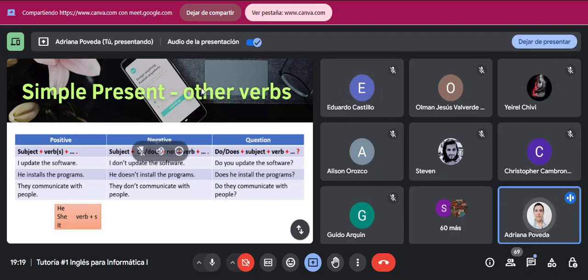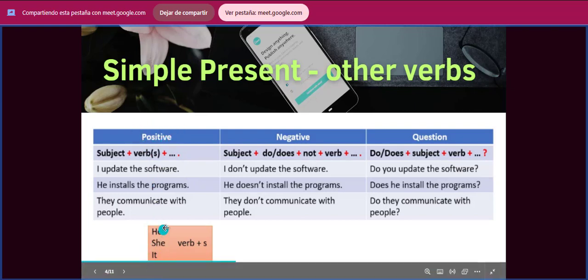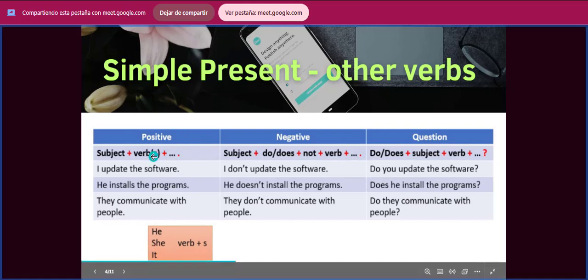Okay, that's a very good question, Eduardo. We add the s, as you can see in the formula here. We add the s in the affirmative sentences with the pronouns or the equivalent subject as he, she, or it. The singular subjects. Okay, we add the s.